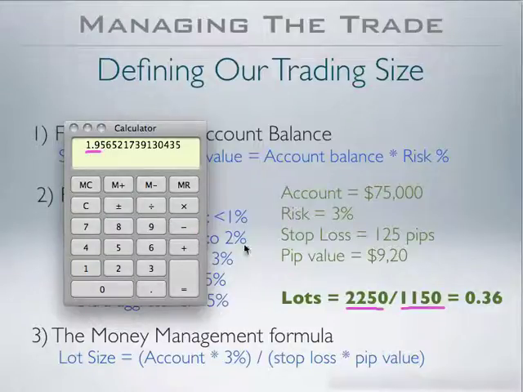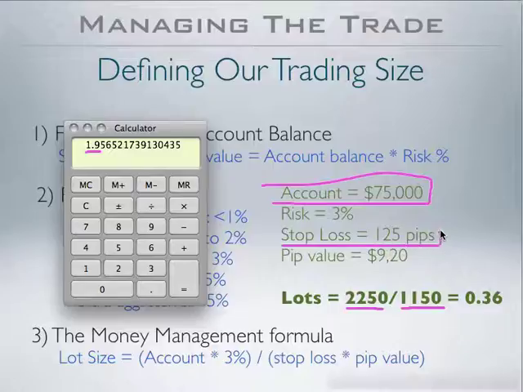Do you see how by adjusting our account size or our risk in pips, we are altering our trading lot size in order to continue satisfying, no matter what, the 3% rule?